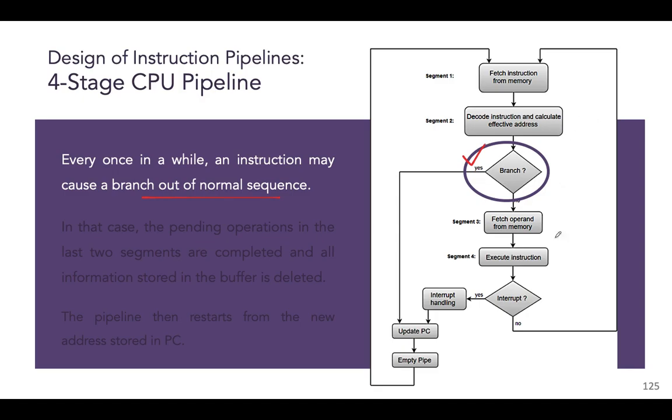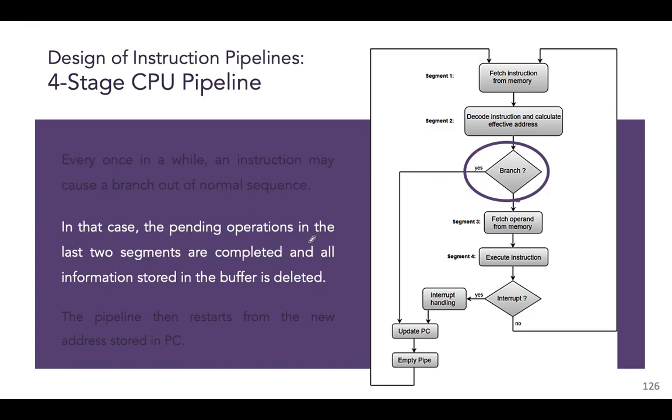If it is not, then normal operation continues. But since this is a pipeline, it means that segment 4 and segment 3 are already operating on some other instructions when this new instruction was decoded in segment 2. That means both segment 3 and 4 are in the middle of something at the moment, right?